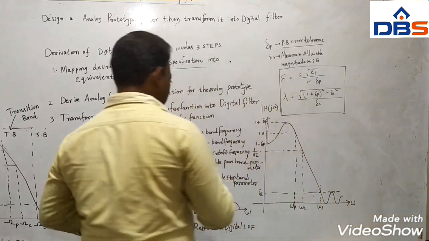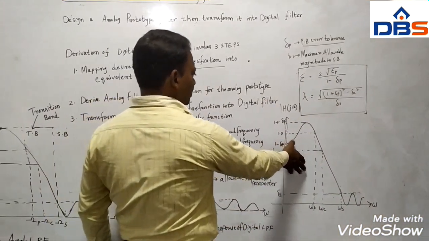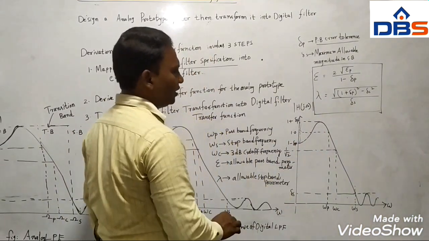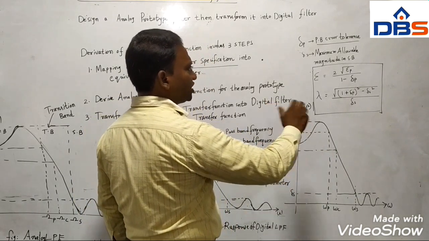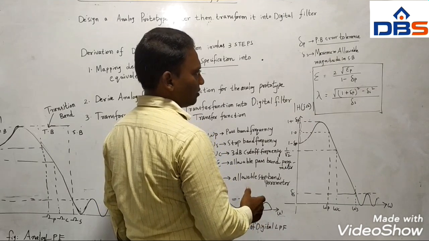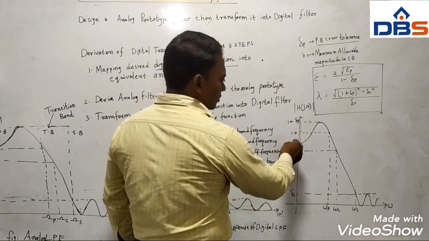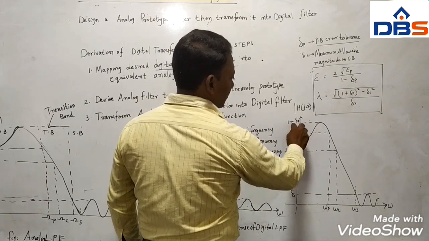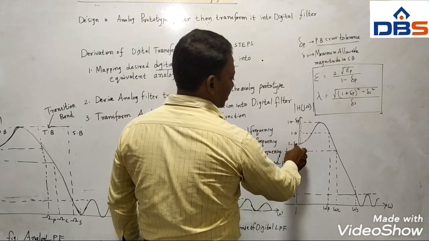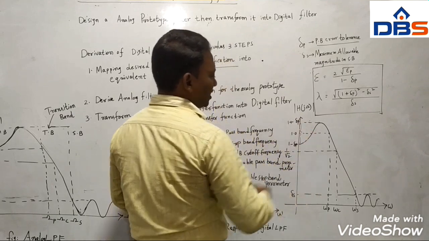So this diagram is useful in the design of filters. In the design, what is the maximum pass band error tolerance? This is the maximum pass band error tolerance, 1 plus delta p and 1 minus delta p. This is the maximum variation.